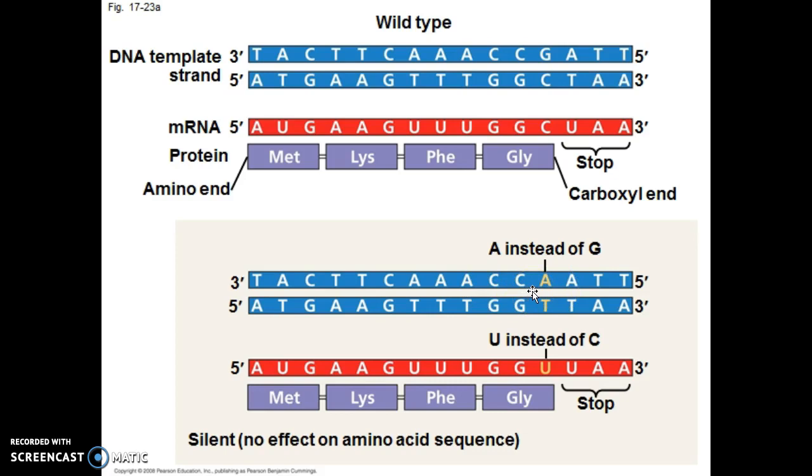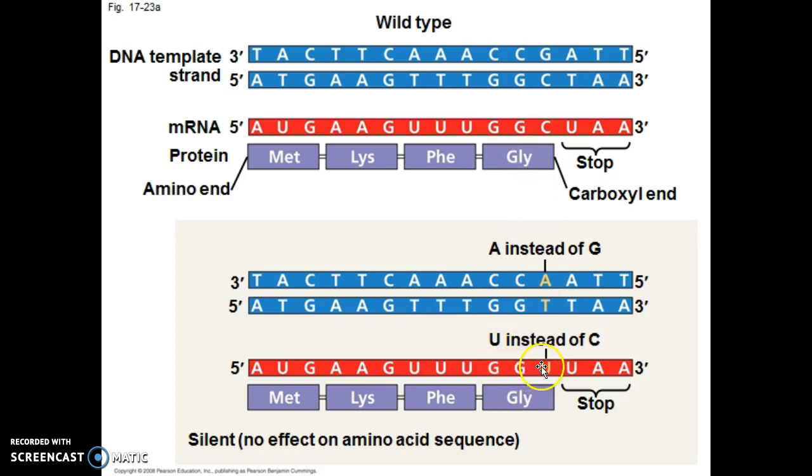Well, what's the result? We have an mRNA codon of GGU instead of GGC. The result? Nothing. The polypeptide receives the exact same amino acid that it would before, GLY and GLY. Well, why is this?